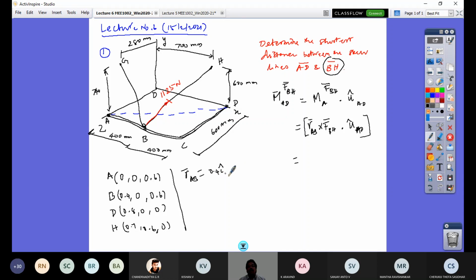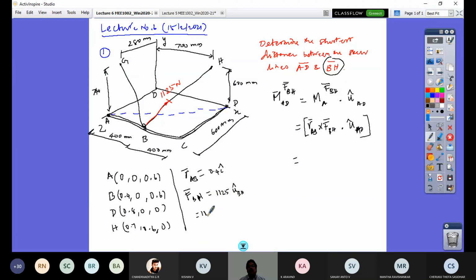So 0.4 i is RAB. And what is my FBH? That's going to be 1125 times UBH.